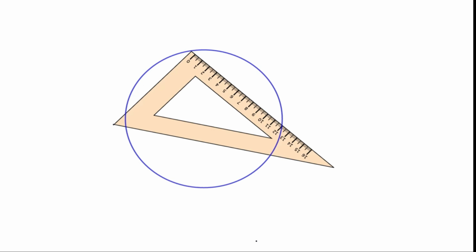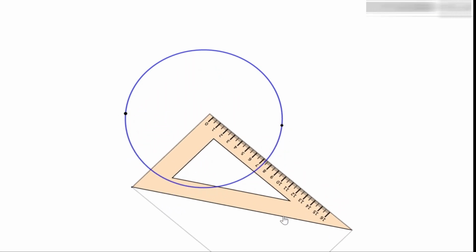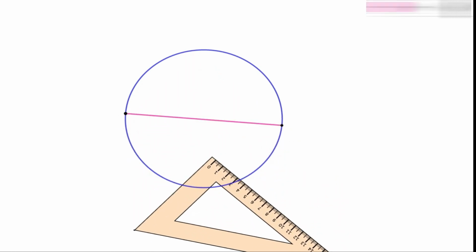Place the set square like this. This is 90 degrees. So these two lines are mutually perpendicular lines. Observe where they meet the circle. Mark the points of intersection. Join them, we get a diameter. In the same way, let us place the set square in another position and do like this once again.